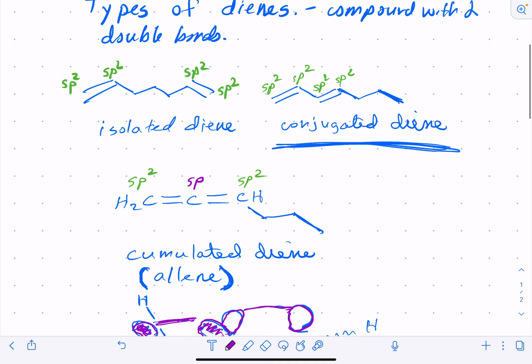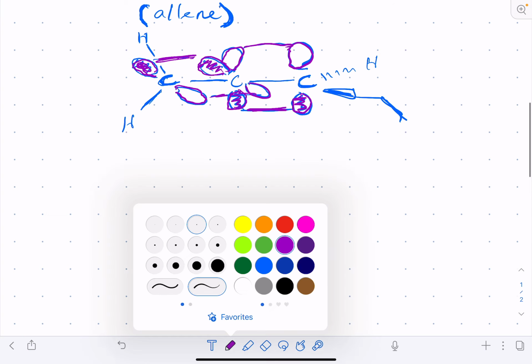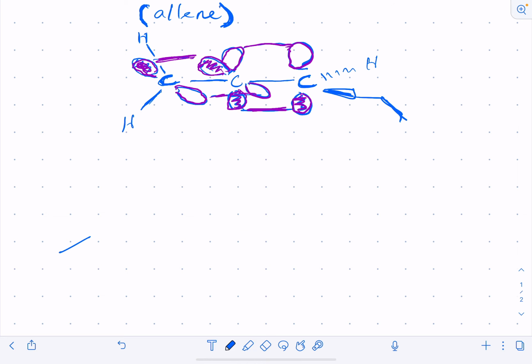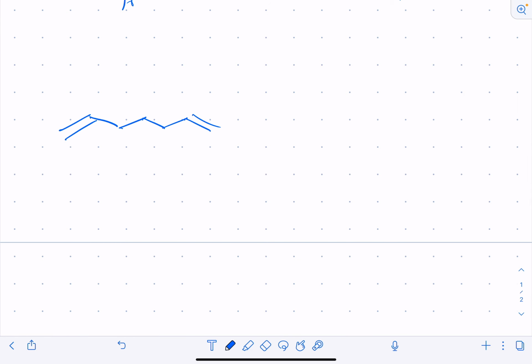I want to now return to the orbital pictures for the isolated diene versus the conjugated diene, and that really is going to drive home why the conjugated dienes are a bit different. So if I take a look at the isolated diene that I drew here, and I think about what those p orbitals look like on those two carbons to make the pi bond, I should imagine something like this, right?